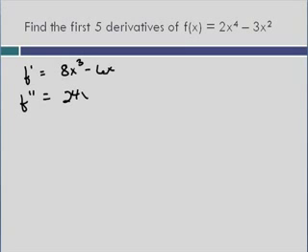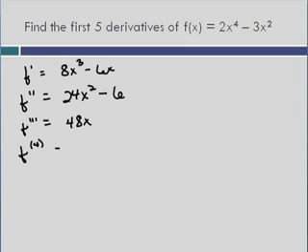So 24x squared minus 6. Our third will be 48x. Our fourth will be 48, and then our fifth would be 0. So polynomial functions are fairly simple to do.